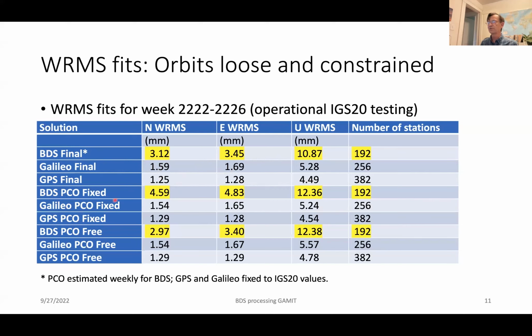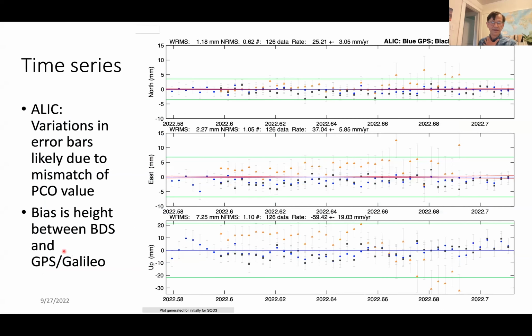But you'll notice for BDS that when we have the PCOs fixed and daily orbits, the quality decreases. And certainly when we estimate and look at the values of the estimates, we see up to meter level changes in the PCO values for the BDS satellites. And again, when we do it free in these daily solutions, things actually improve considerably over when we have it fixed.